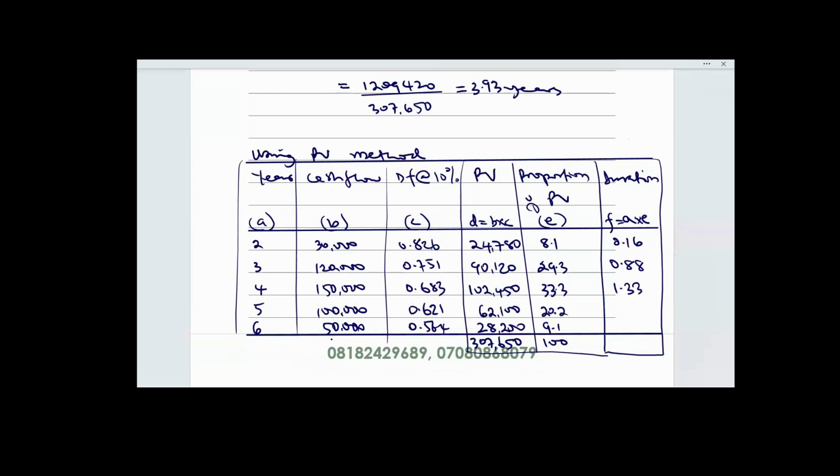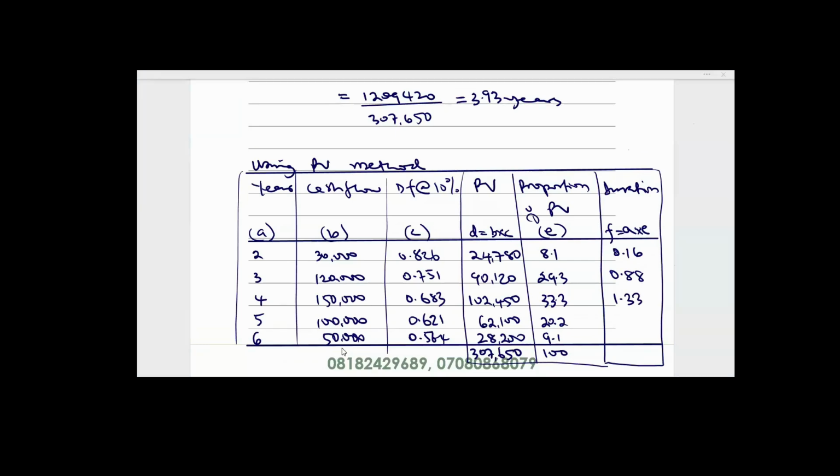Then 20.2 multiplied by 5, divided by 100, equal 1.01.